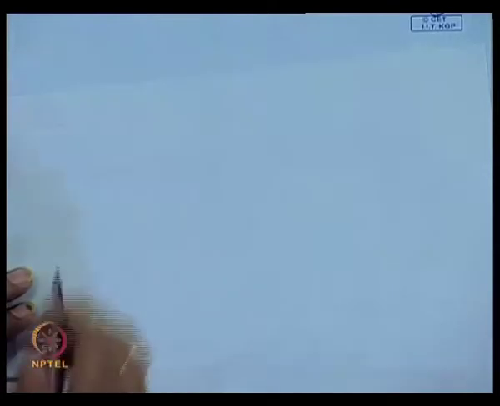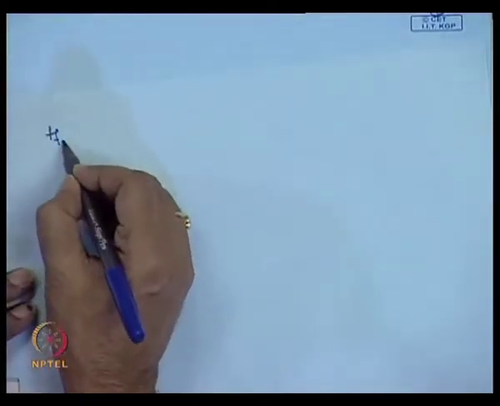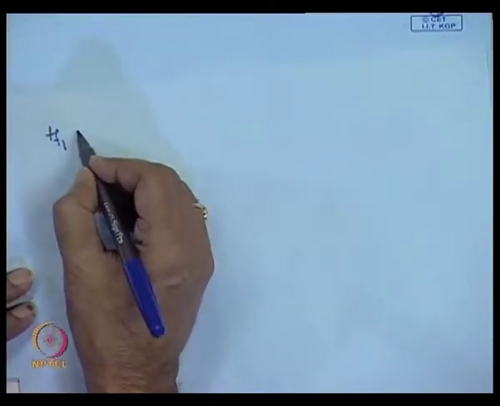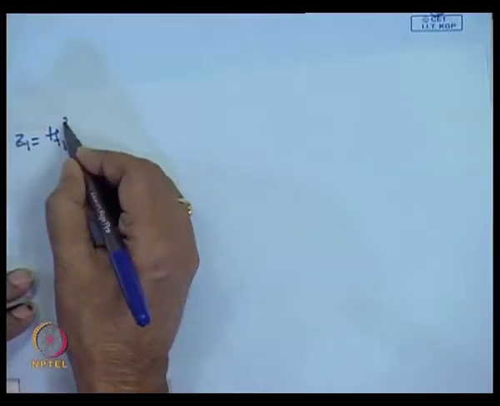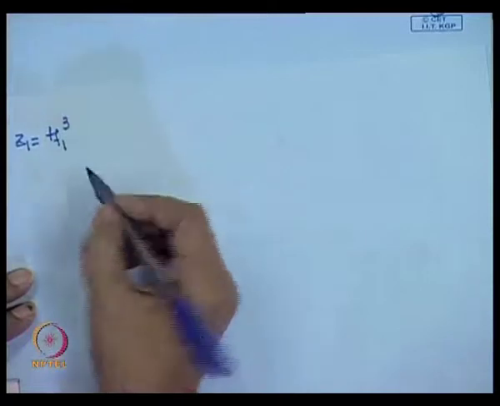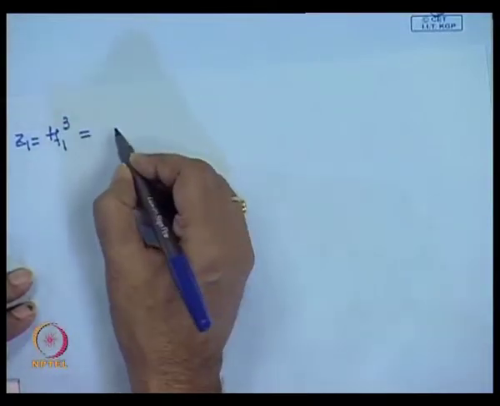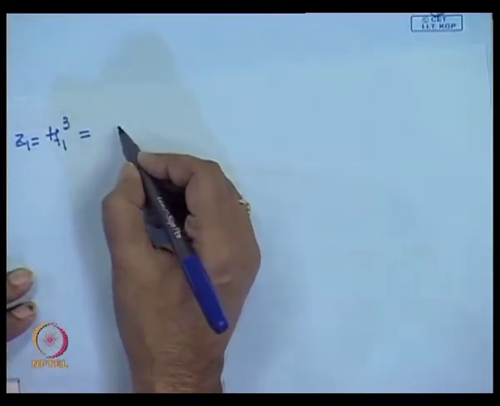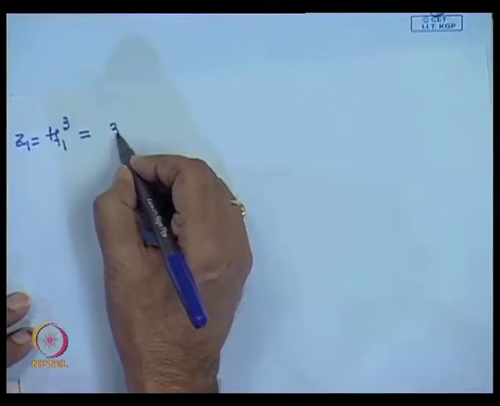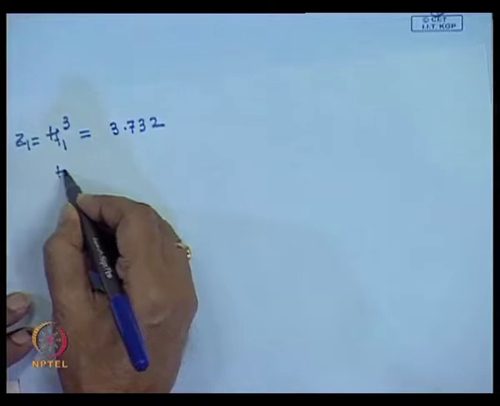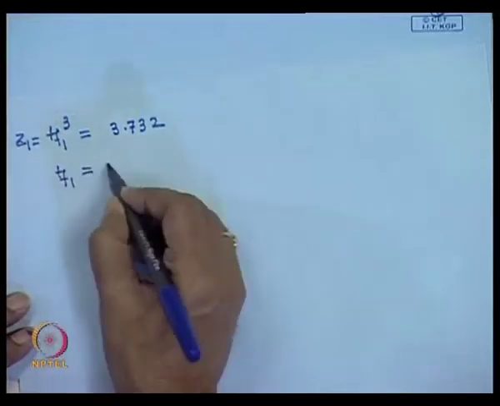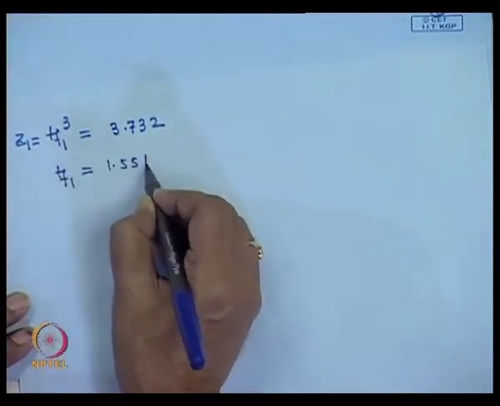So, T f 1 from Z 1: Z 1 is equal to T f cube, so T f 1 cube is equal to 3.732. So, T f 1 is equal to 1.551.